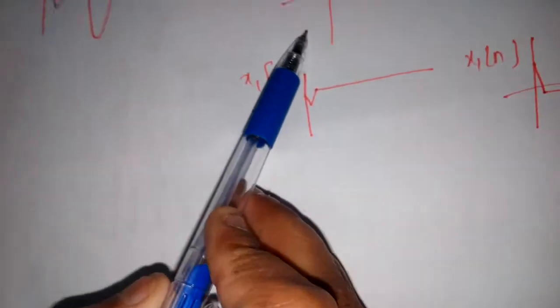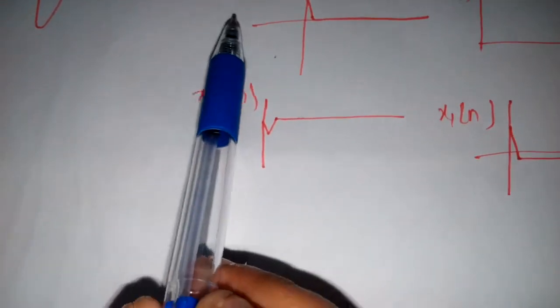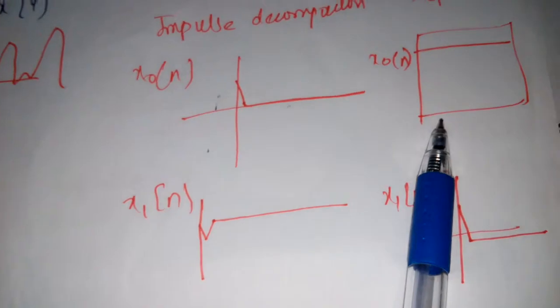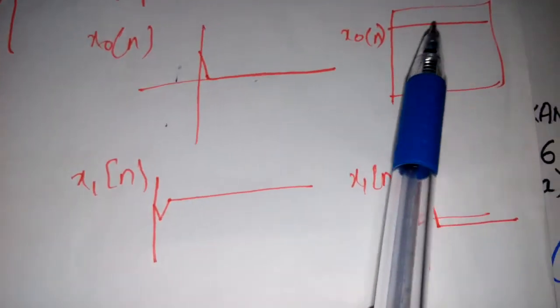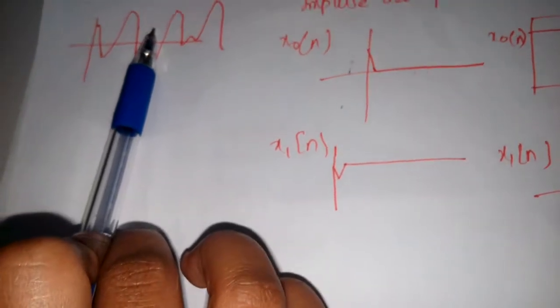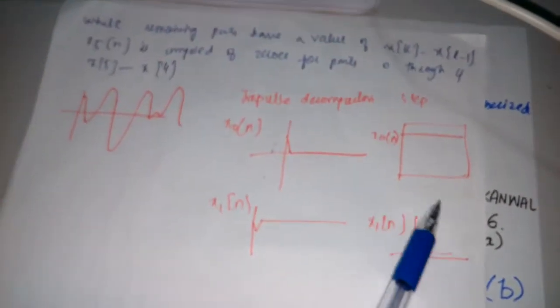As a special case, x0[n] has all of its samples equal to 0. Impulse decomposition looks at a single point at a time, while step decomposition characterizes a signal by the difference between adjacent samples. Likewise, systems are characterized by how they respond to a change in the input signal.